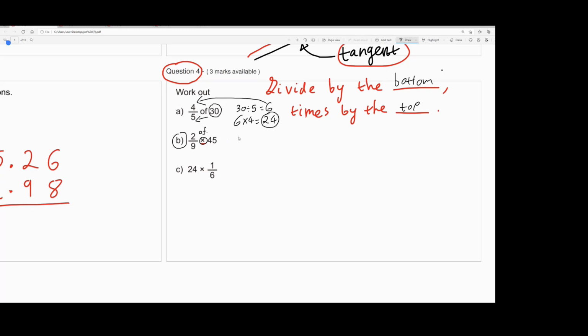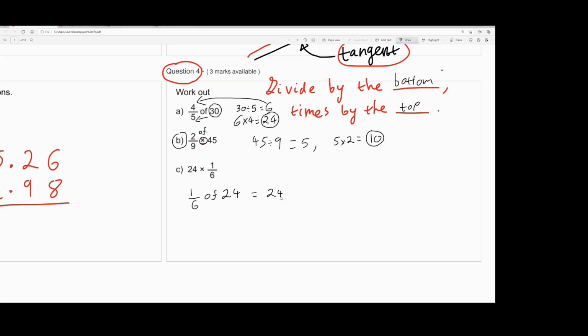So what we'd have to do for B would be 45 divided by 9, which is going to be 5. And then we'd have to do 5 times 2, which is 10. So we'd have 10 there. C is the same sort of thing. We're basically working out 1/6 of 24.